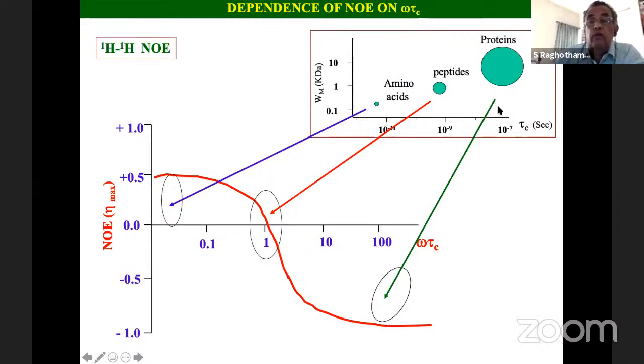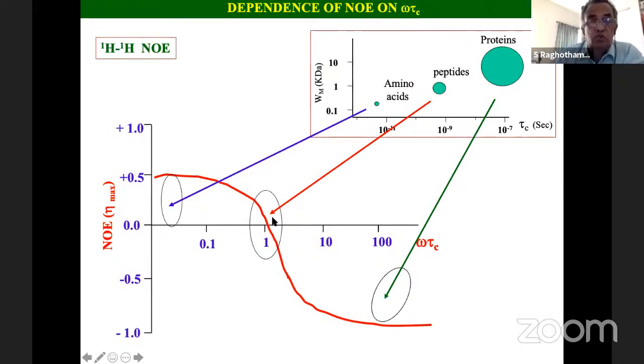But in between-size molecules like octapeptide, decapeptide, with 1,000 or 2,000 molecular weight, the NOE intensity goes to 0, so you lose this information. Now, the x-axis here is omega tau c. Omega being the spectrometer frequency, because it remains constant, we can simply worry about tau c, the size of the molecule. When omega tau c becomes nearly equal to 1, then you lose that information.